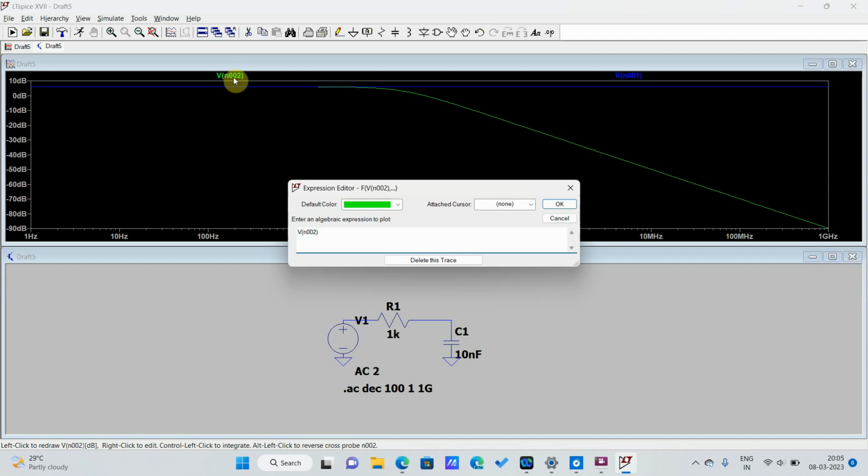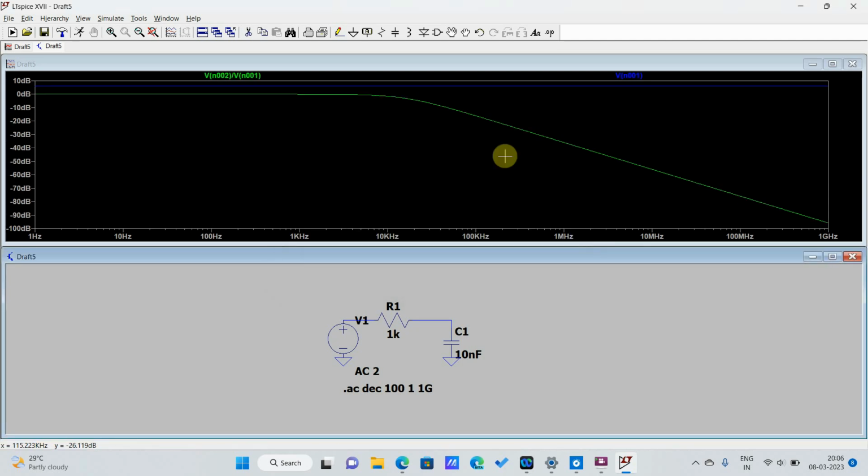Now, in order to find the net frequency response, that is the gain plot. So the green one, this is our phase, this is our frequency response.